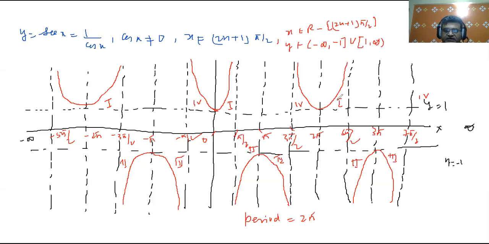So you can see how the values are taken. Sec x cannot take values in between 1 and minus 1. It can take minus 1, it can take 1, but between minus 1 and 1, it cannot take values, as clear in the figure.